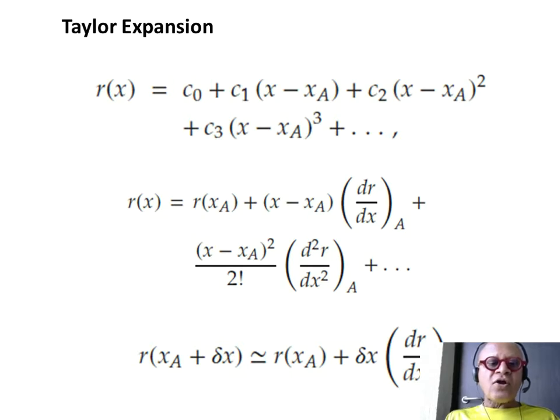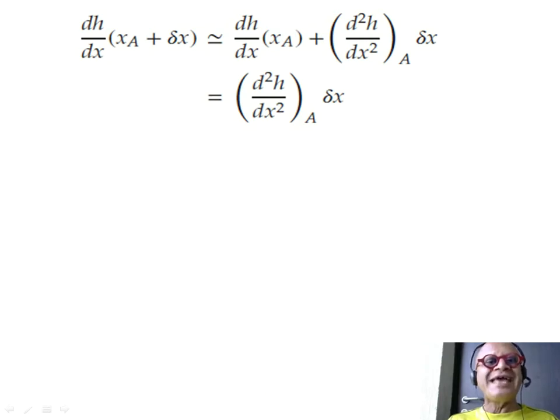So R at a small perturbation delta x from its position xA at the top of the hill is determined by R at xA, plus delta x times dR/dx at xA, plus delta x squared over 2 factorial times d squared R/dx squared, and so on.